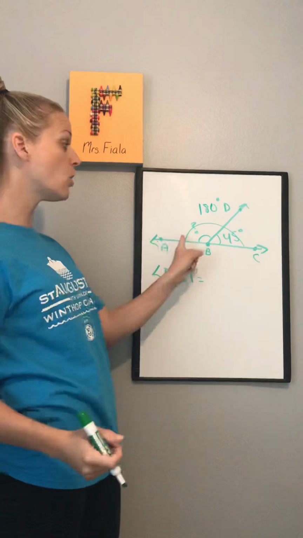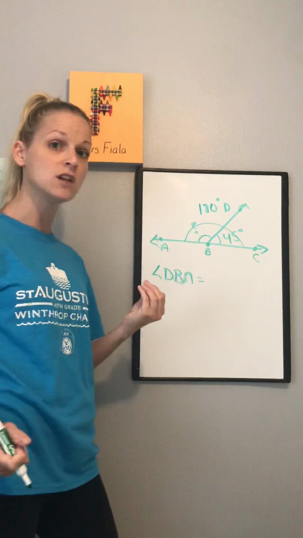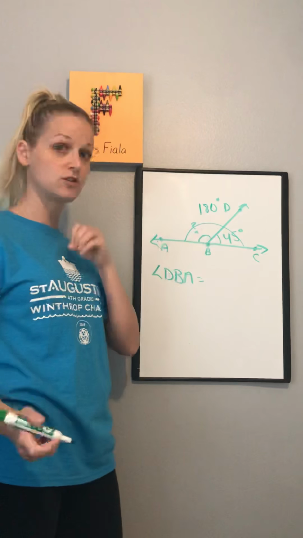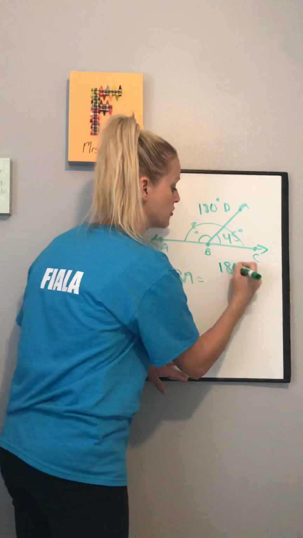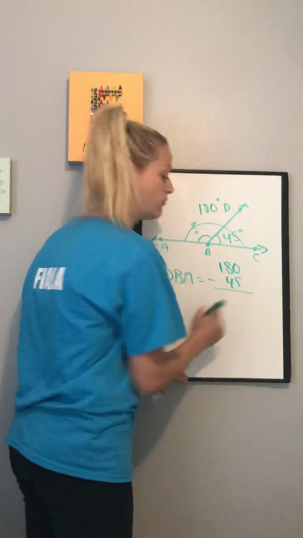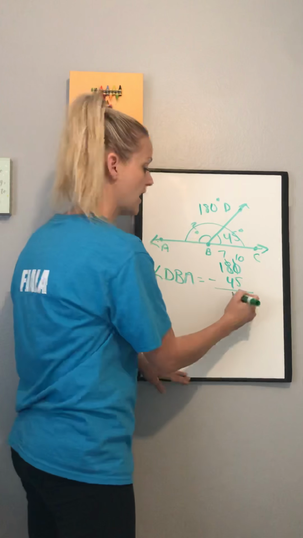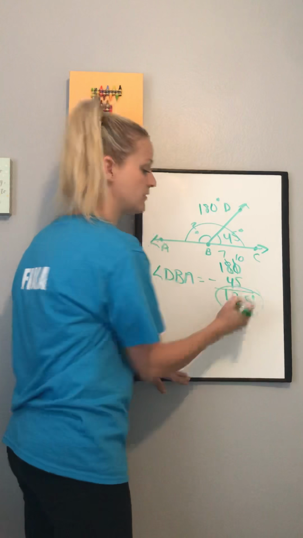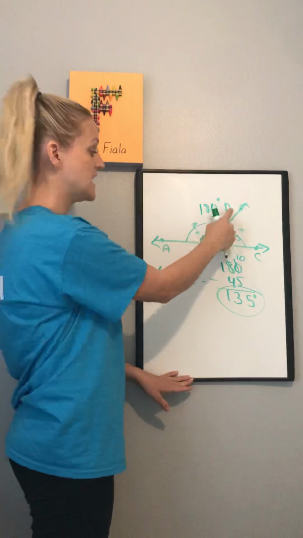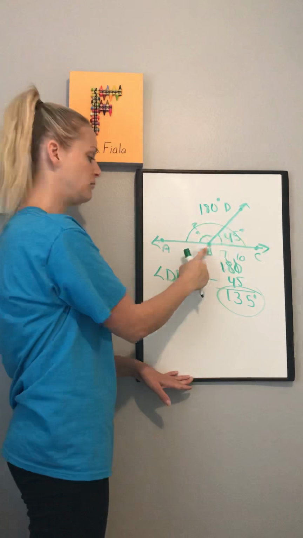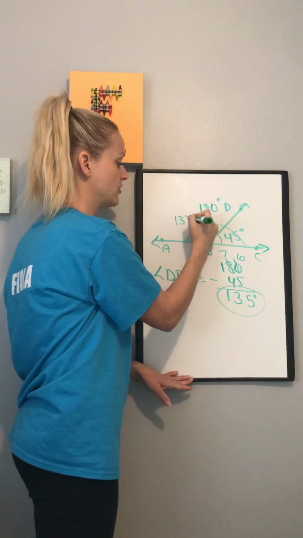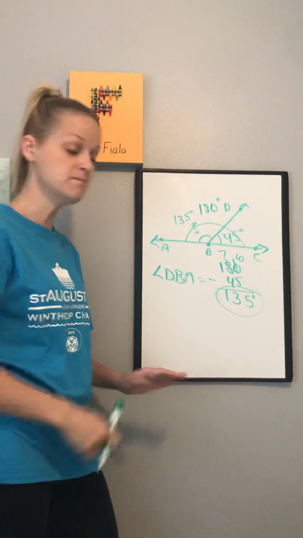If you're given the total of the 2 smaller angles, you subtract to find the missing angle. So I'm going to do 180 minus 45 degrees. I have to borrow. And I get 135 degrees. So angle DBA is 135 degrees, okay?